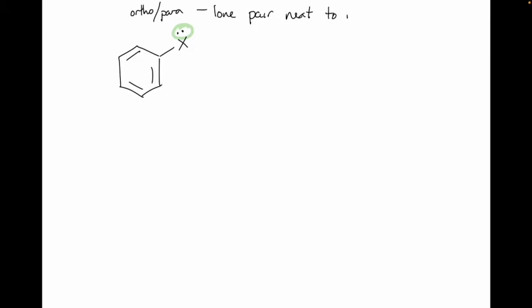We had this big ugly cheat sheet list, but let me remind you real quick, the easiest way to tell is that ortho-para directors have a lone pair right next to the ring. Directly attached to the ring is something that has a lone pair on it.